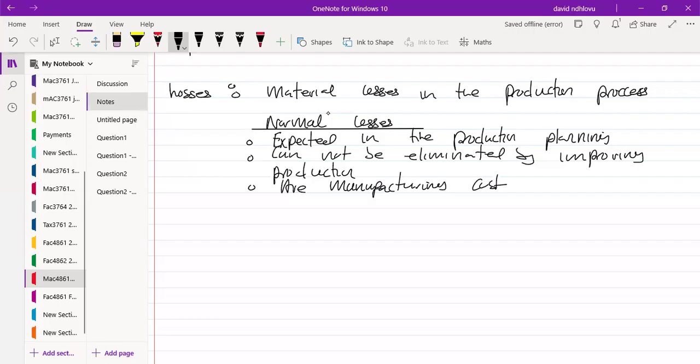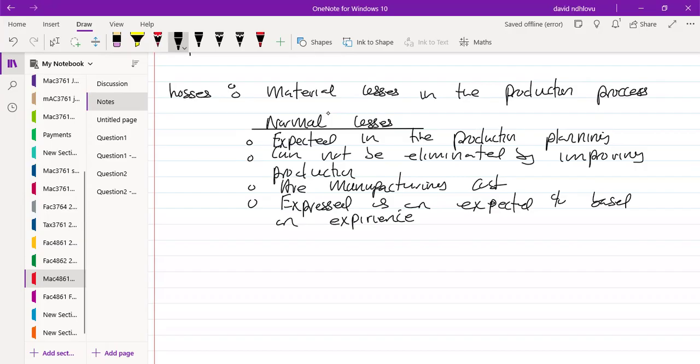Right, then these are usually expressed as a percentage, as an expected percentage based on experience. So through experience, the company will have an expectation of the type of loss that they are supposed to incur.